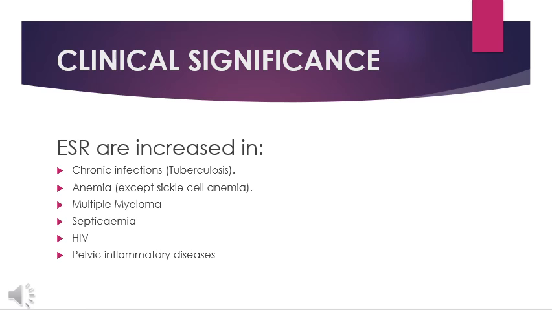Inflammation is happening in your body, or some infection is going on, or some degenerative changes are occurring in your body. So there are certain conditions in which ESR is increased, which are listed here, like chronic infections, anemia, multiple myeloma, septicemia, HIV.